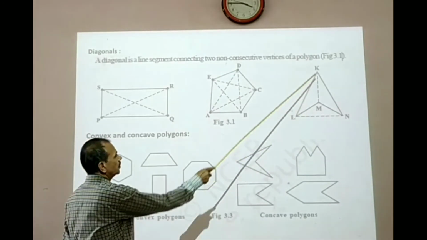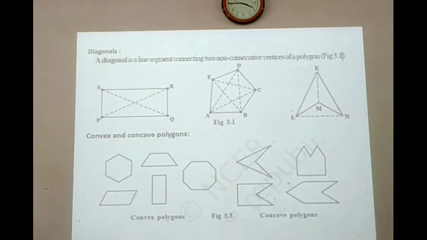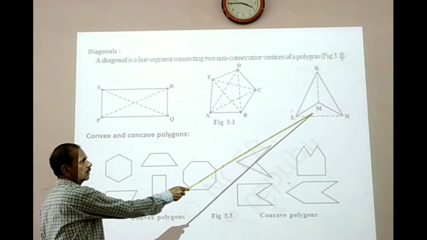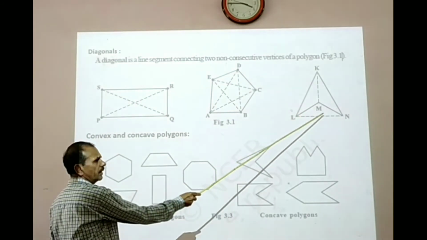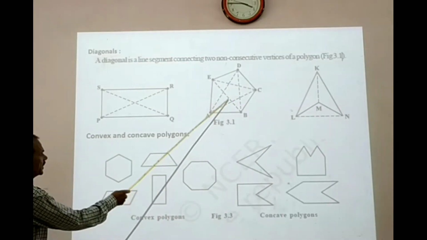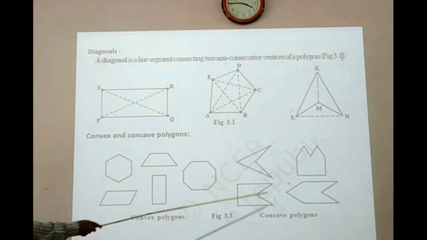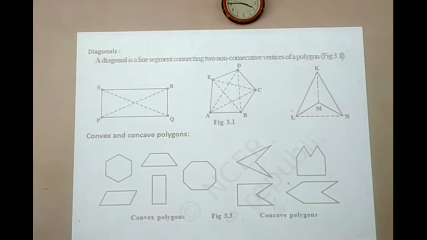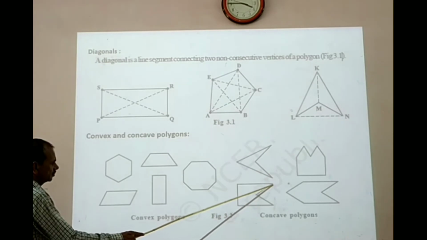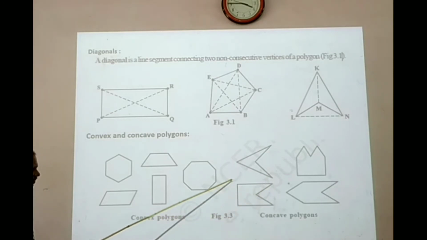Here, one diagonal, two diagonals. Of course, this is concave because the diagonal is going to the exterior part. So that is called a concave figure. These are convex polygons. Some examples are here. This is concave, this is convex. If we join any two points, a diagonal of this, or if we extend this side, some parts go to both sides.